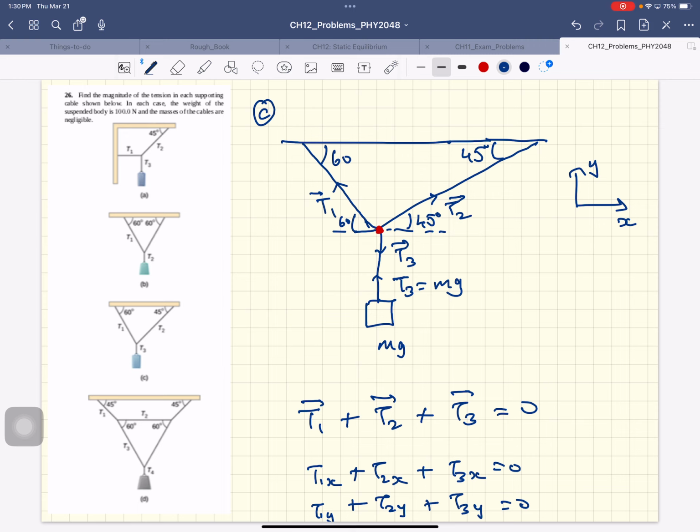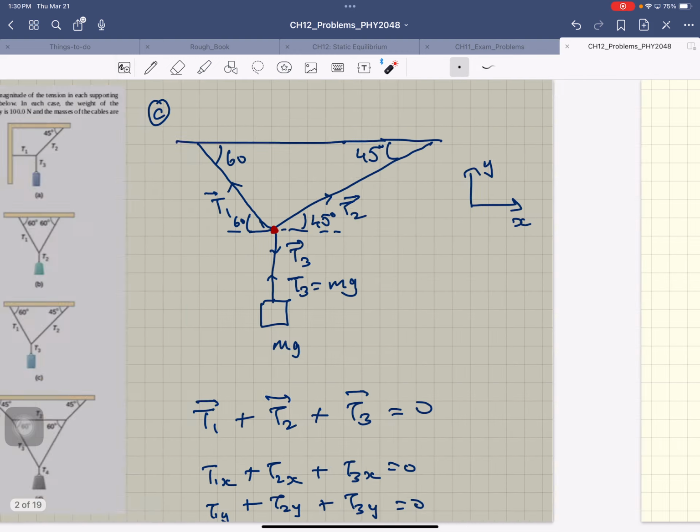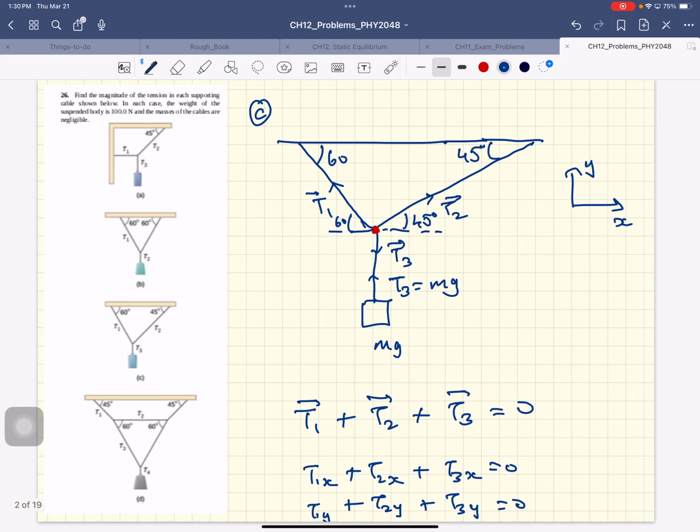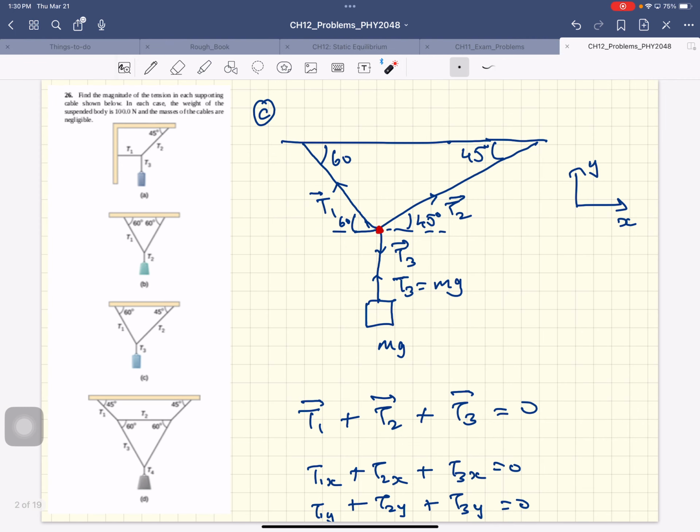All right, now what we'll do is write these forces in component form. T3 we already know is minus mg j. T1 has a negative x component and a positive y component.